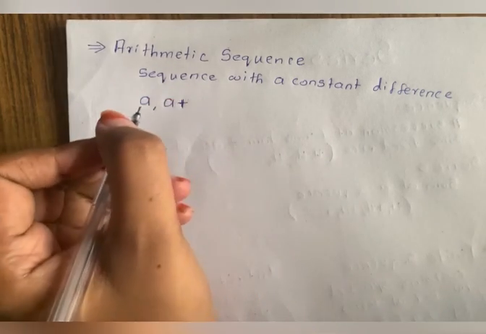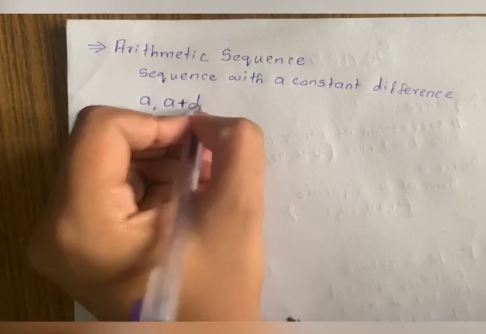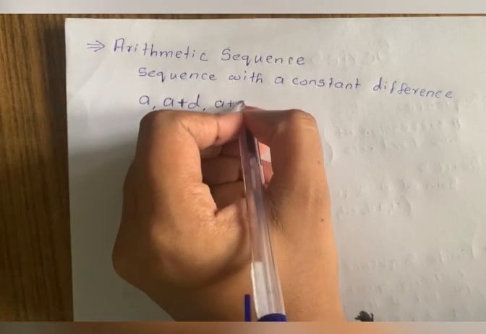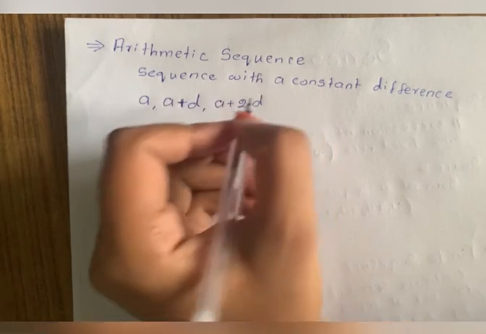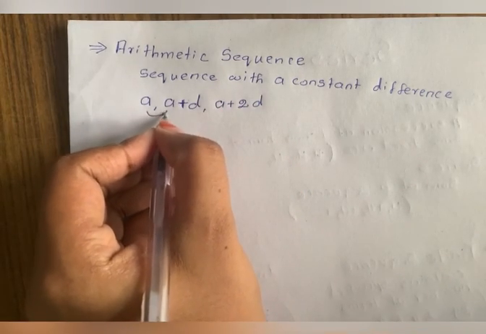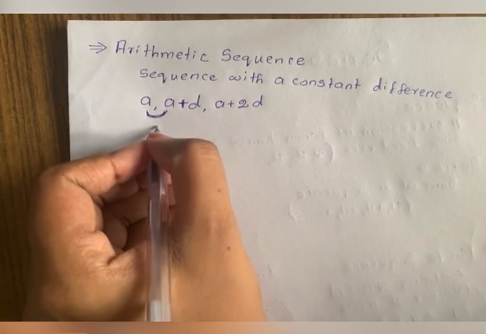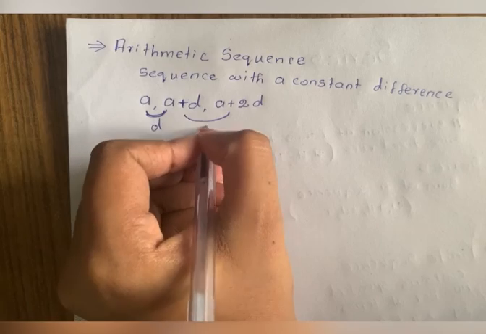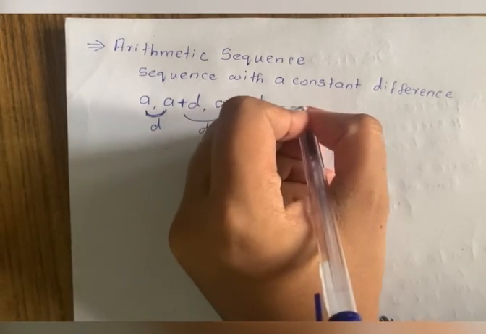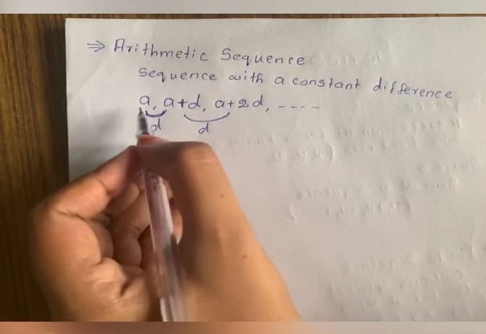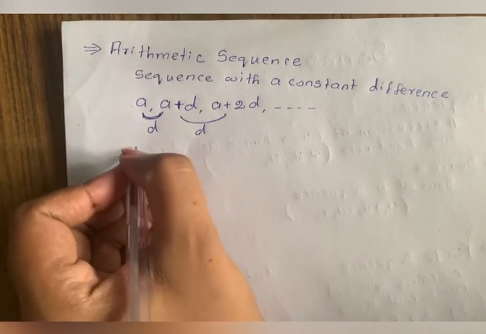In general form we can write them as a, a plus d, and a plus 2d. The difference between two consecutive terms is the same.